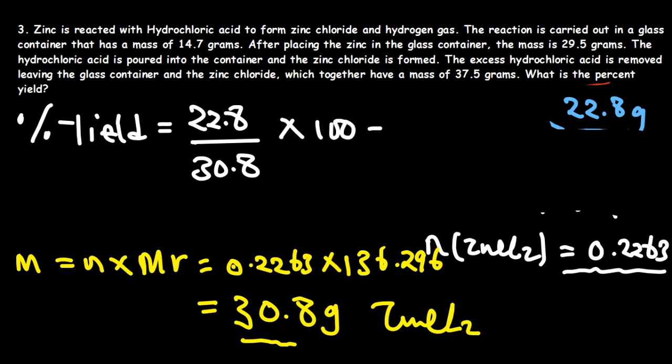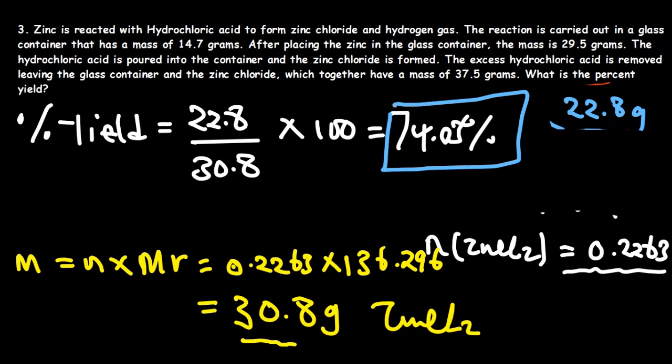So what are we going to get when we do that? Okay, punch that on your calculator. I'm getting 74.03%. So this here is our percentage yield.